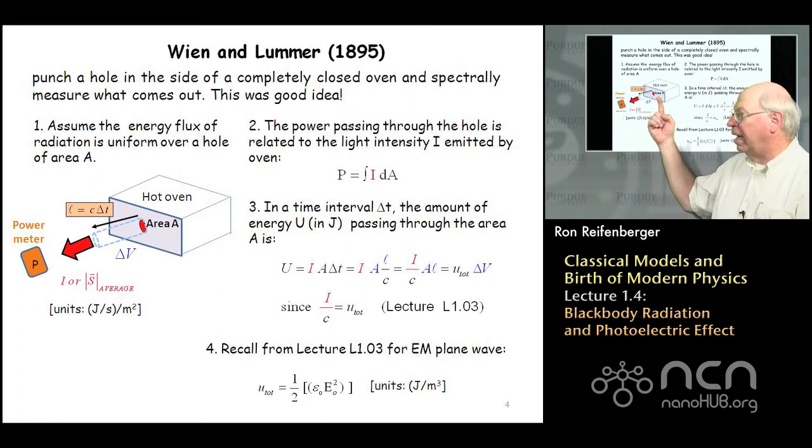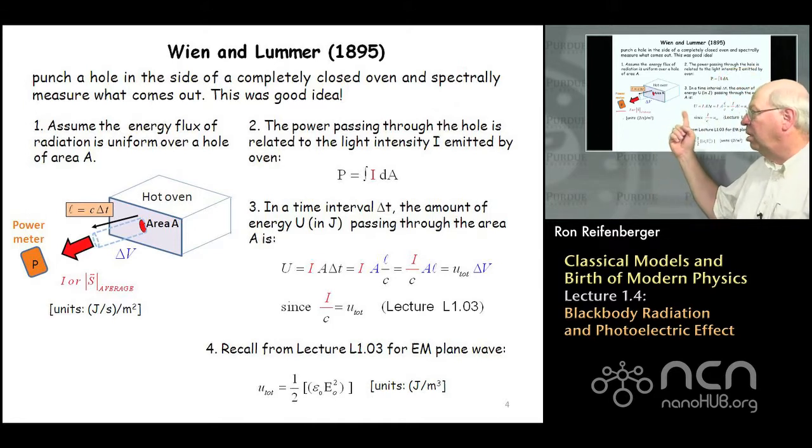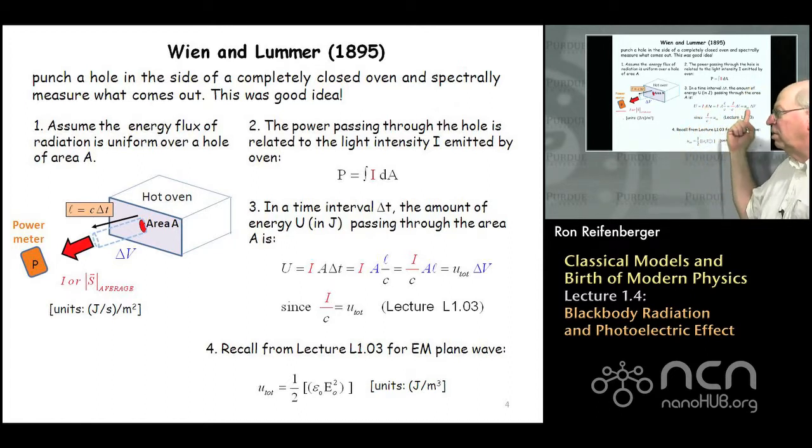If you know the cross-sectional area A that you've punched in the side of the oven, then you can define a volume delta V. And this volume delta V is this area A times this length c times delta t. So the intensity that passes through the oven at a particular wavelength can be converted to an energy U using this equation. And this energy U is ultimately related to the energy density that's contained inside the oven.